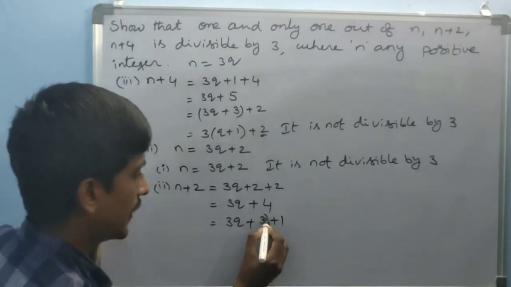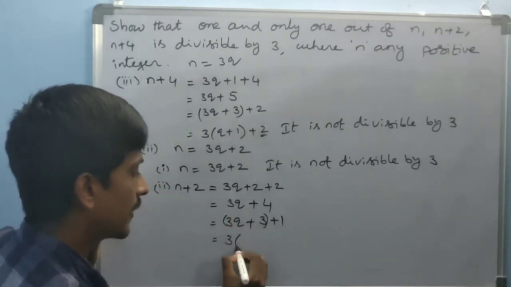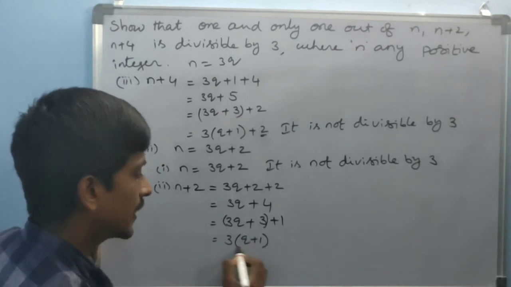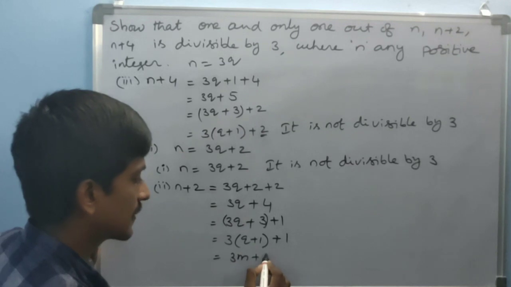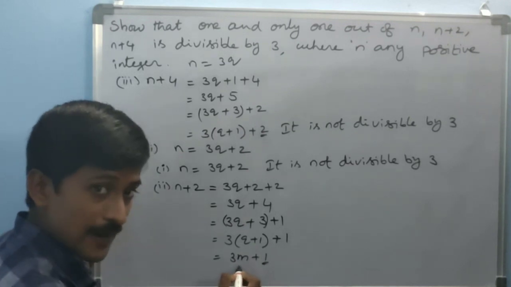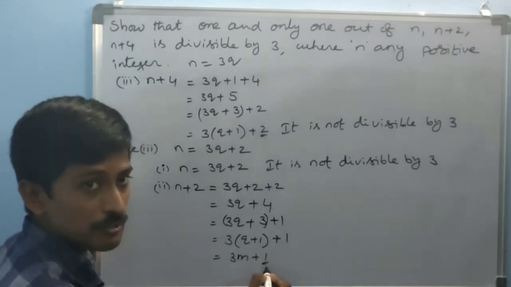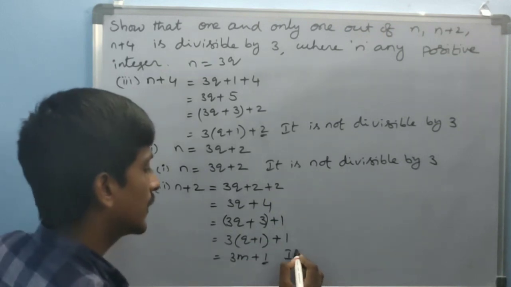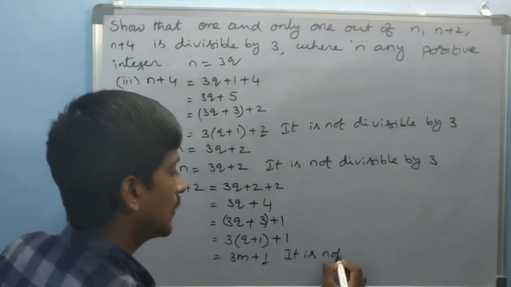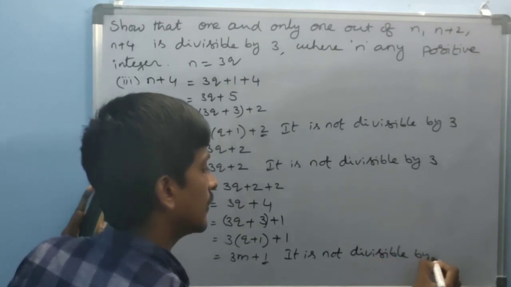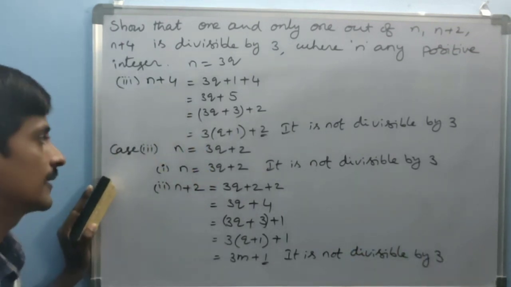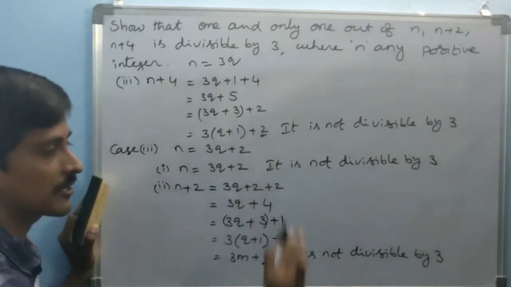Taking 3 common from the first two terms, 3(q plus 1) plus 1, that is 3m plus 1. Here 3m is divisible by 3, but 1 is not divisible by 3. So it is not divisible by 3. In the third case, the first one and second one are not divisible by 3.